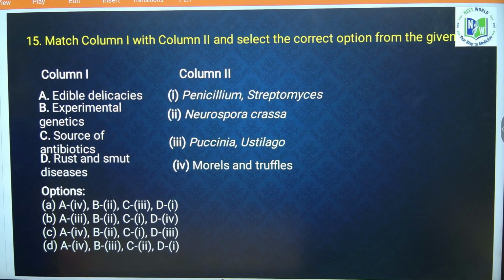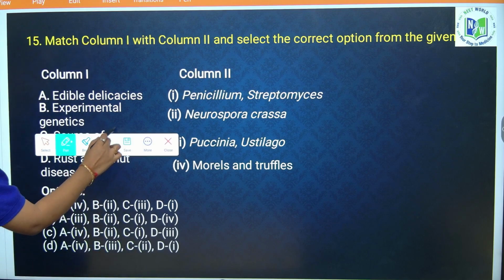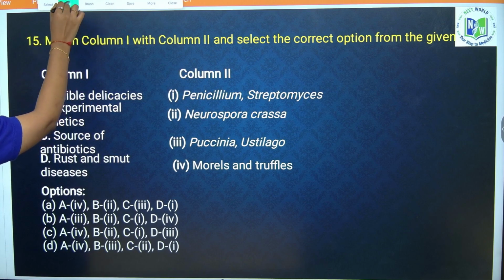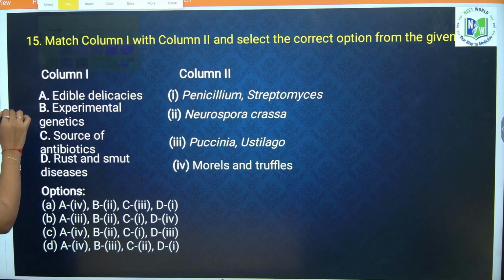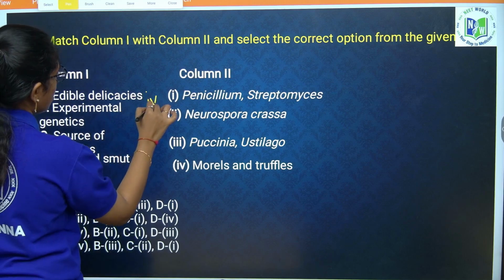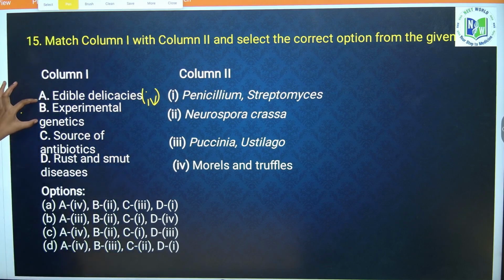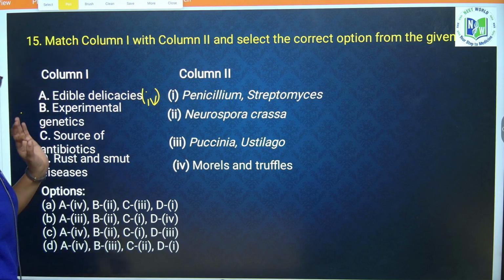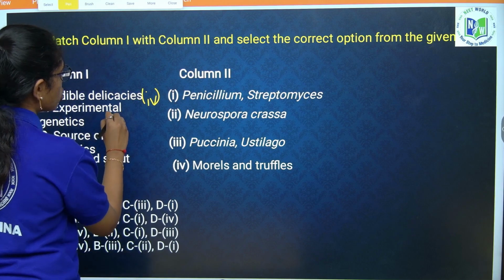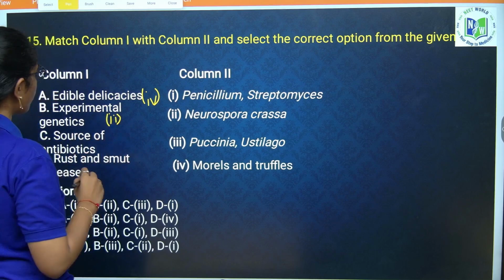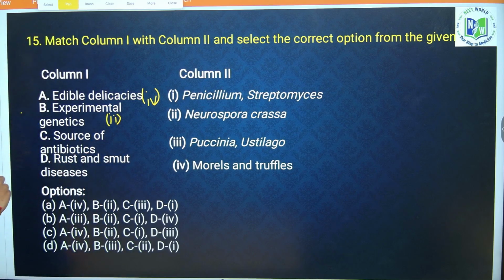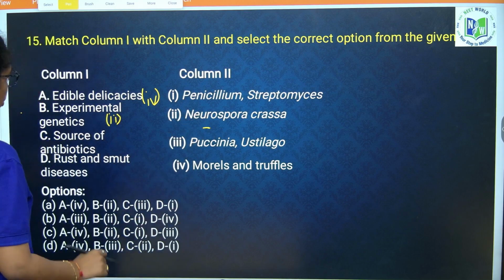Match column 1 and column 2, select the correct option. Edible delicacies which include morels and truffles. So this is option 4. Experimental genetics are conducted on Neurospora. Neurospora is mostly used to conduct what? Experimental genetics. It is mostly used in the laboratories.